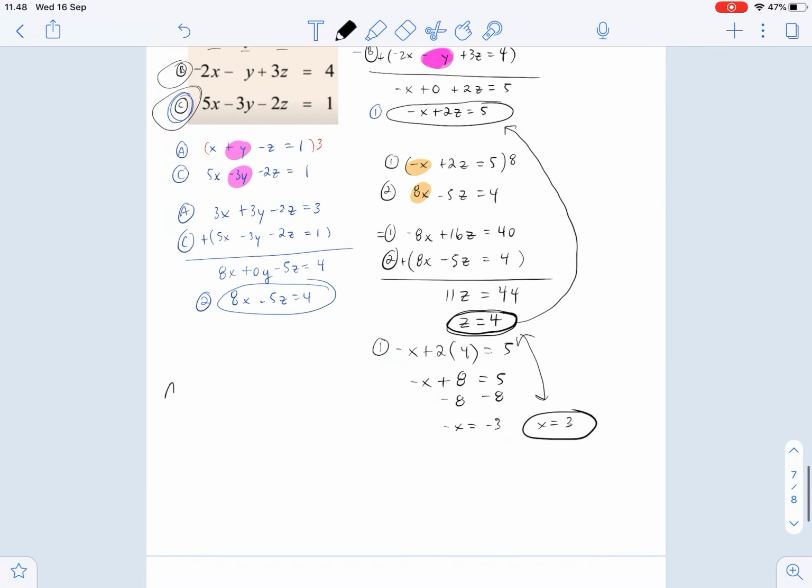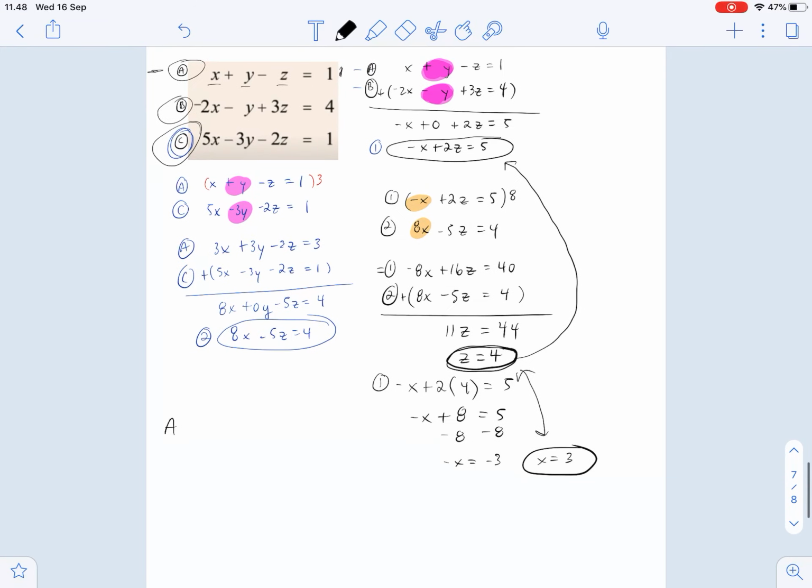So I'll use A. I'm using z is equal to 4, x is equal to 3. So 3 plus y minus 4 is equal to 1. That means y minus 1 equals 1, so y has to be 2.